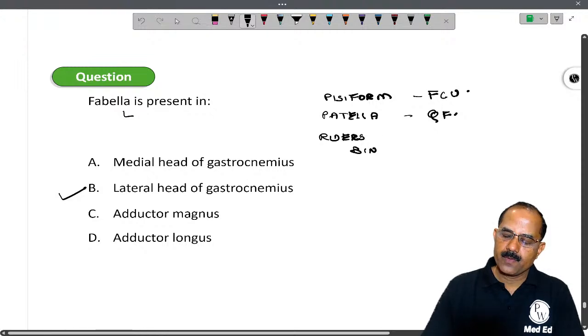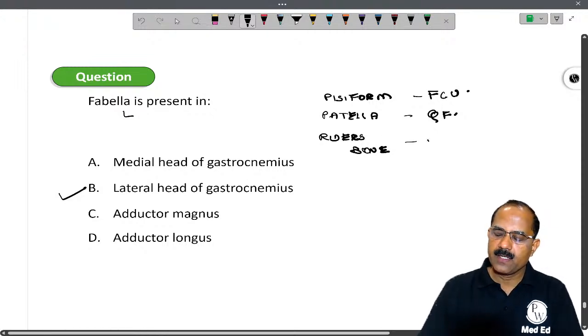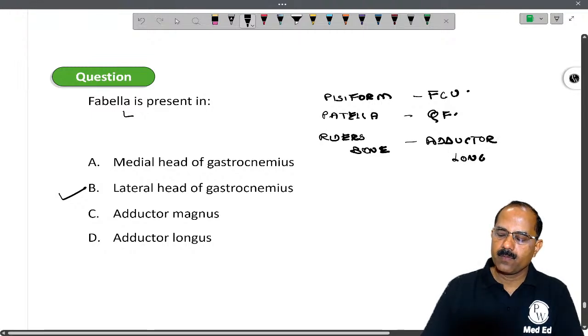Rider's bone is present in the tendon of adductor longus.